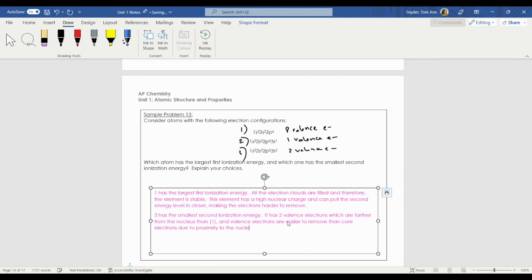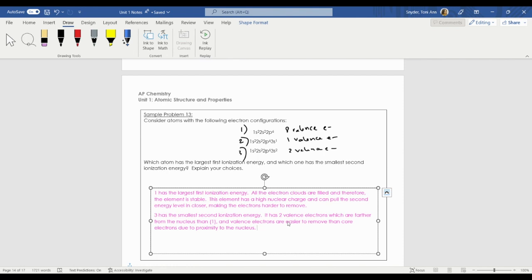I feel like I'm being very verbose right here, but you kind of want to be, to explain these, so you get your point across. You want the AP readers to know that you understand why, right? So 3 has the smallest ionization energy. It has 2 valence electrons, which are farther from the nucleus than number 1. And the valence electrons are easier to remove than core electrons due to proximity to the nucleus. That would tell any reader that you know what you're talking about.